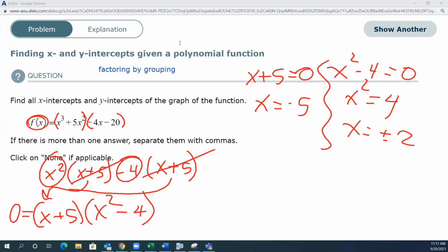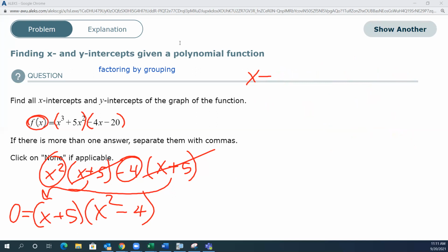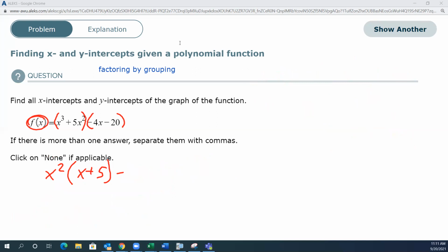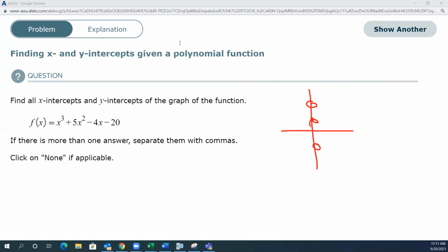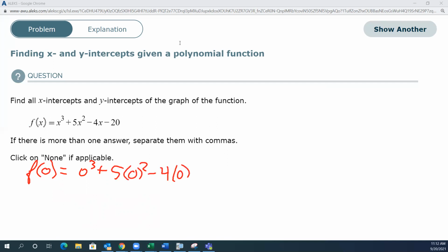Of course you can confirm that on the graph or the table of your calculator, and you should. Now, the y-intercepts are on the y-axis where x is 0. So let's replace x with 0, which usually is a lot faster and easier, and so it is here.